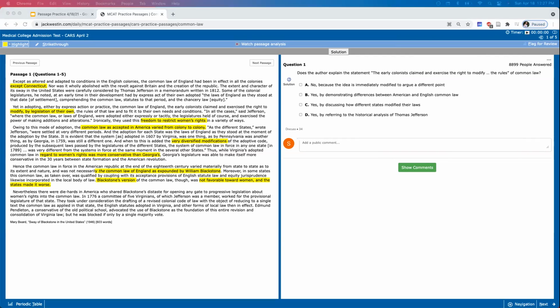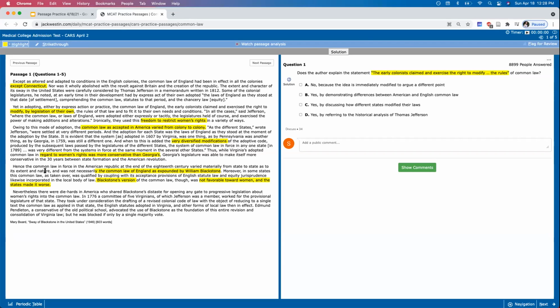So does the author explain the statement the early colonists claimed and exercised the right to modify the rules of common law? What do you guys think? Okay, so let's find this statement.